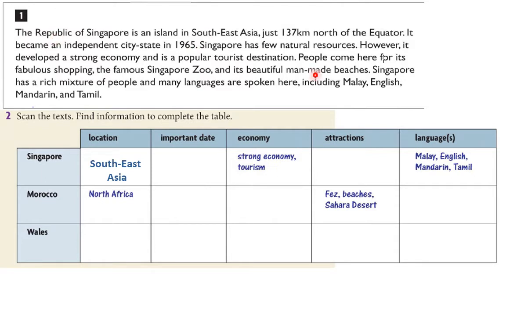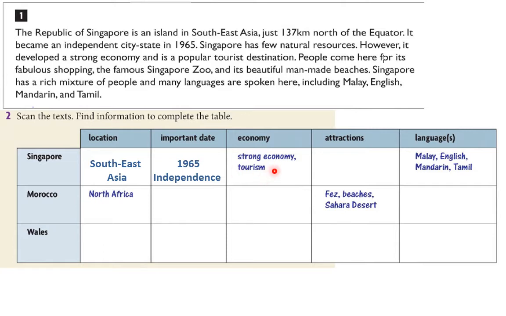Let's check the sentence that contains this number. It became an independent city-state in 1965. So this is the date of the independence of the city. 1965 independent state.